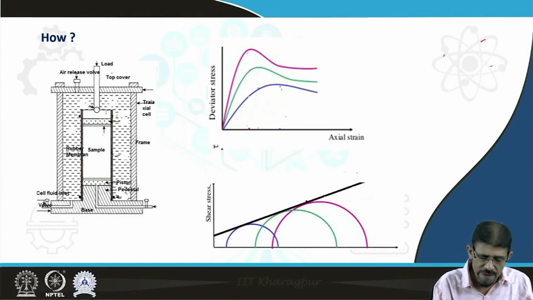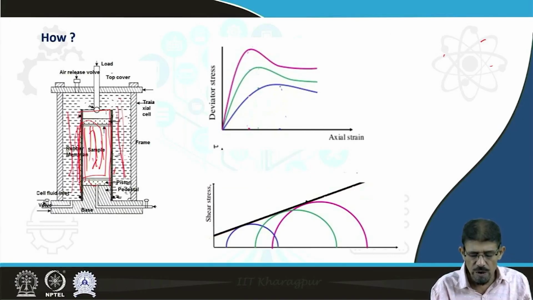Here we have one chamber. I have taken this figure. This chamber is going to contain the rock sample, the rubber membranes and other parts. Then the whole system we put under confinement by using oil, and on the upper part we apply the normal load.